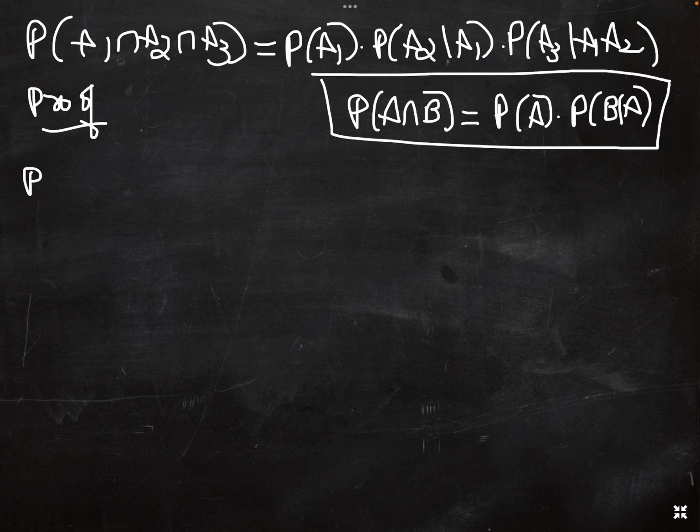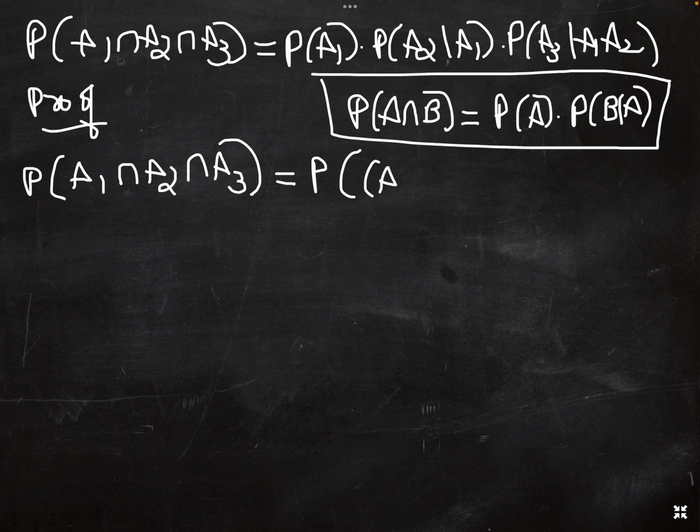So P of A1 intersection A2 intersection A3 is equal to the probability of A1 intersection A2 intersection A3.